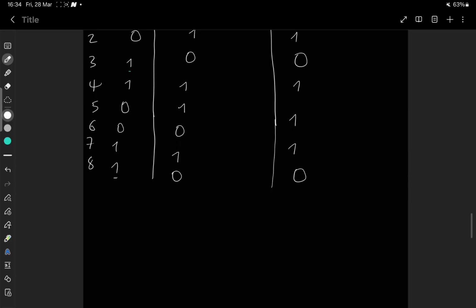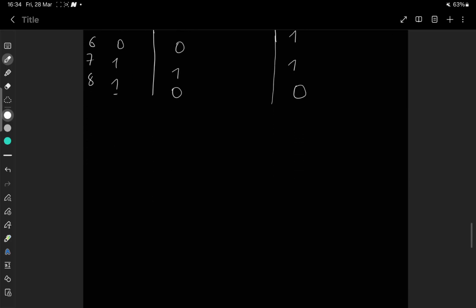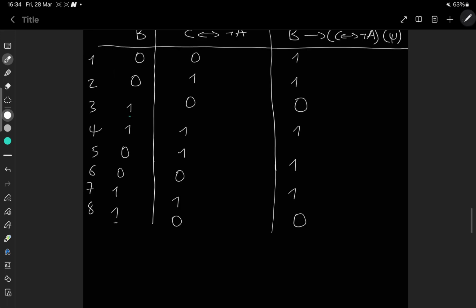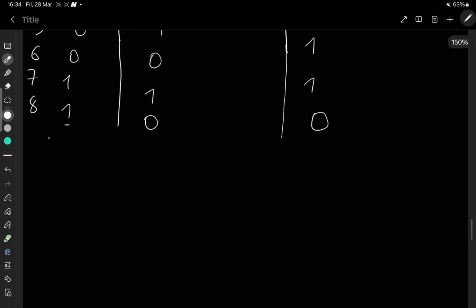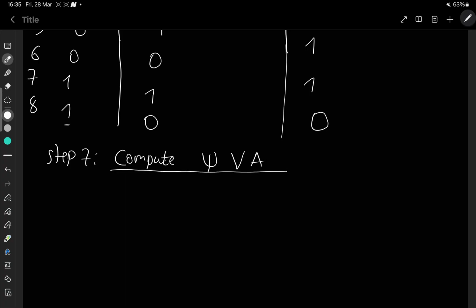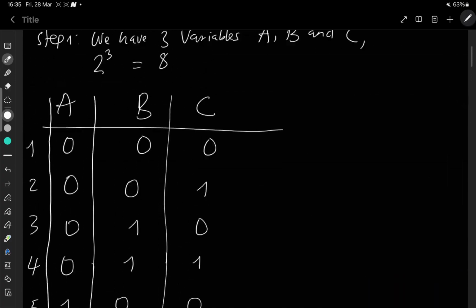The last step, the final one, step 7. We have to compute psi or A. Where does this come from? It comes from our initial formula here.